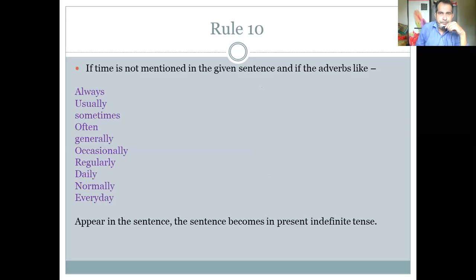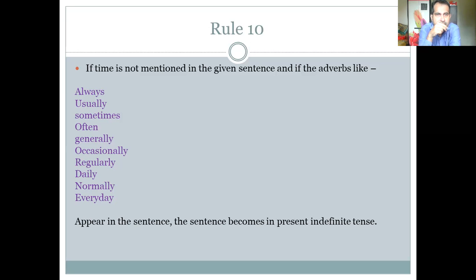Now rule 10. Now here you see nearly 8 to 10 words are given. If time is not mentioned in the given sentence, and if there are adverbs like these, all these words are adverbs.